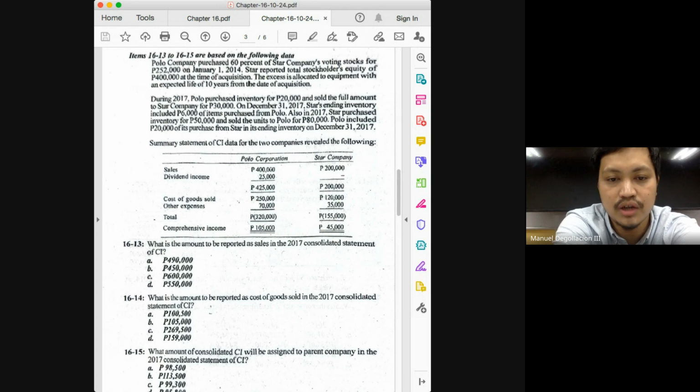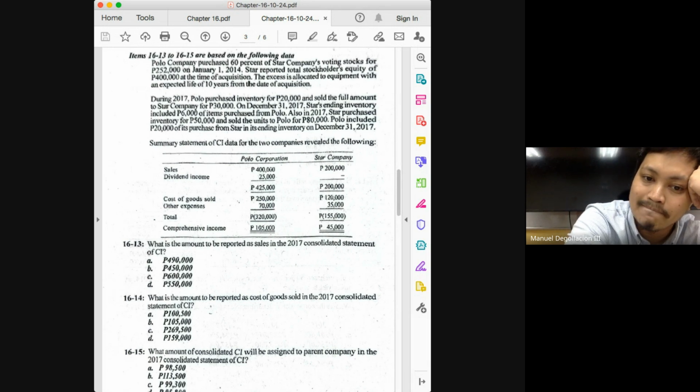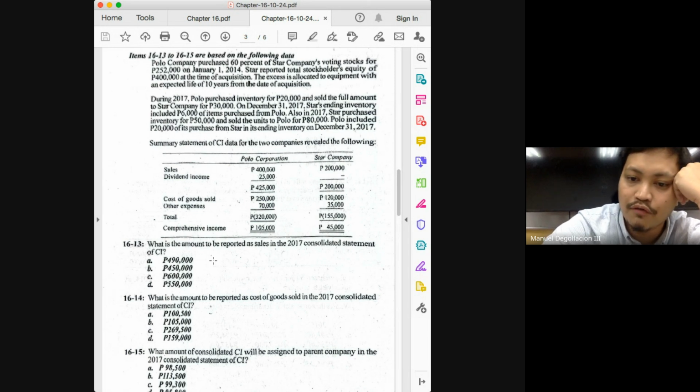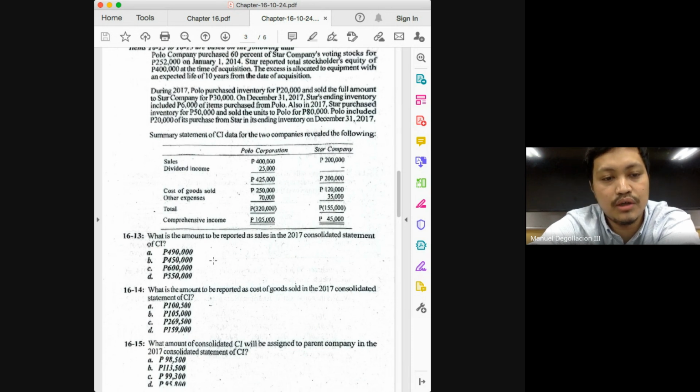That would be how much, class? 35,500. Add that with the adjusted income of the parent in the amount of 78. How much will we get? 113,500. Okay, but that is not the answer because what we are looking for is the income attributable to the parent. So we lack one more step, which is to deduct the share of the NCI in the adjusted income of the subsidiary.